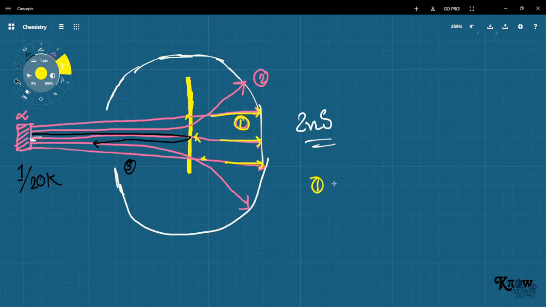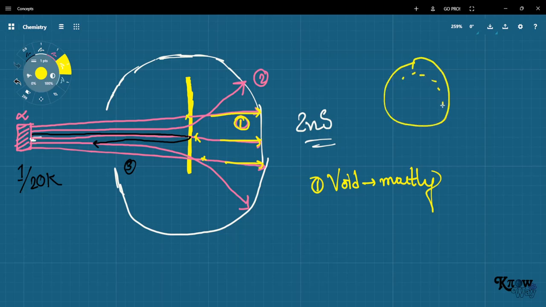So he concluded that most of the space inside an atom is empty, or void.